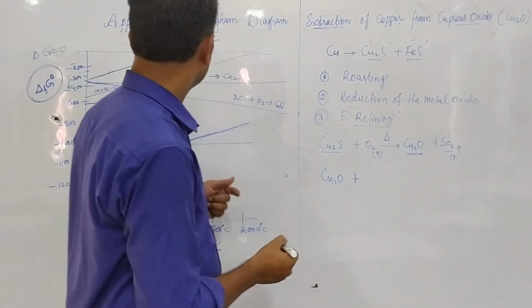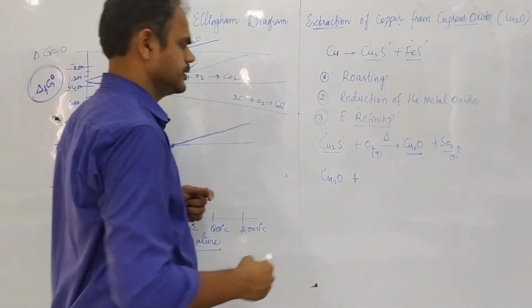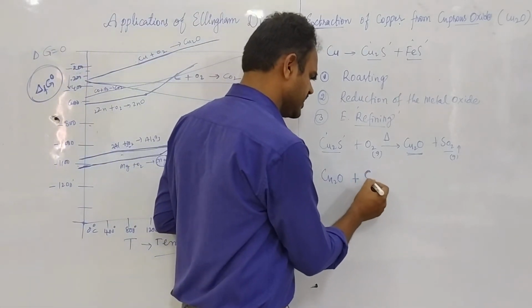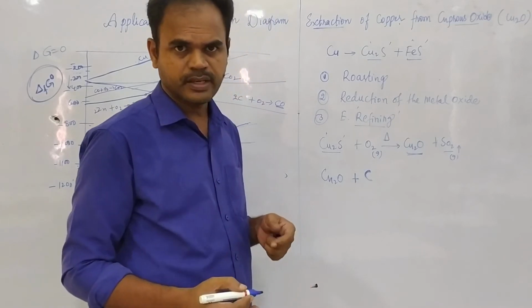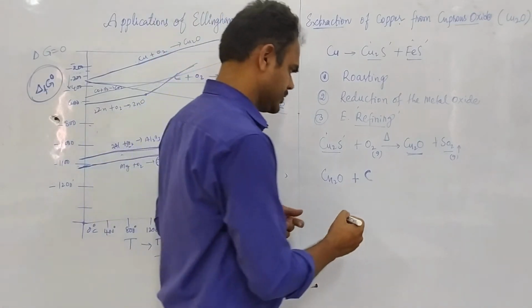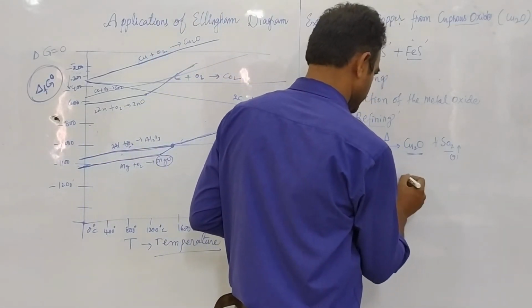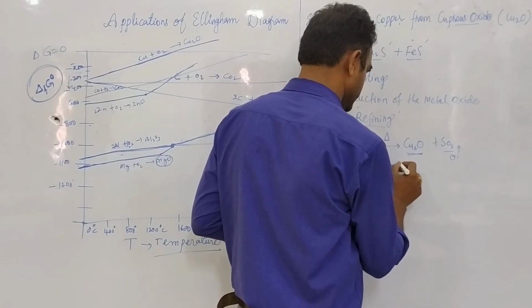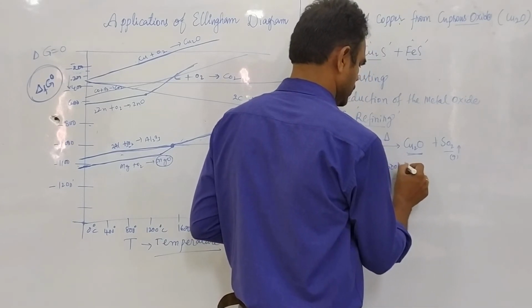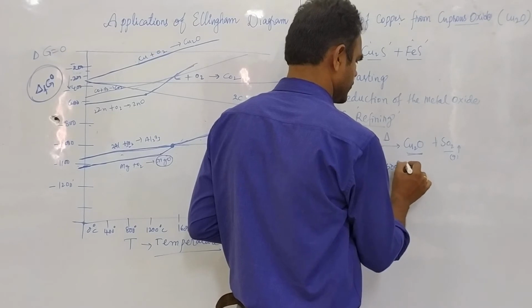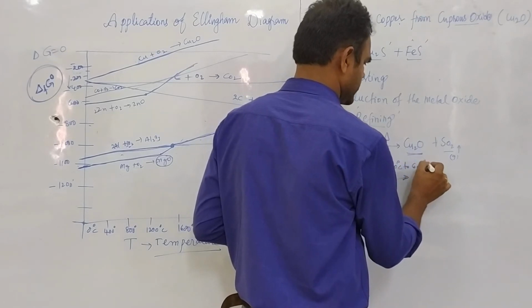Then the better reducing agent we can choose for this reduction process is carbon, using a temperature between 500 degrees Celsius and 600 degrees Celsius.